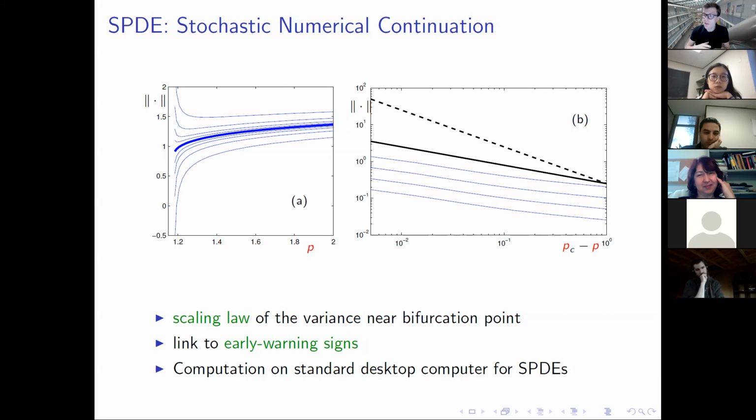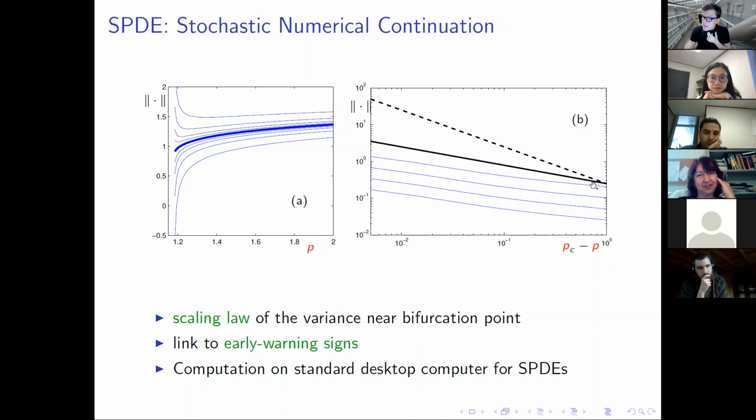This is actually theoretically known. There's a theoretical scaling law that tells you how these fluctuations should behave, and you could also use that as an early warning sign to detect that point, even for an SPDE. So here's a little proof of concept that my algorithm computed that correctly. This thick black line is a scaling law with a factor of -0.5 in the exponent.